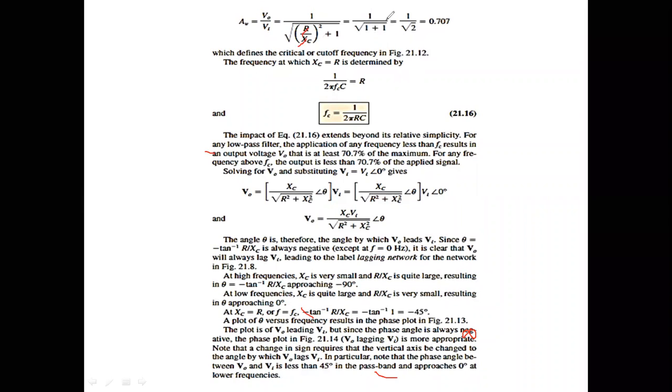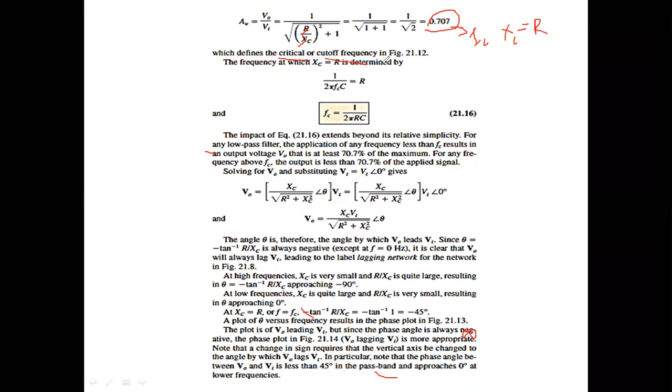So 1 plus 1 whole square root means 1 over root 2, which is equal to 0.707. This is the case for the fc. Fc means Xc is equal to R. We call it the critical frequency or the cutoff frequency.